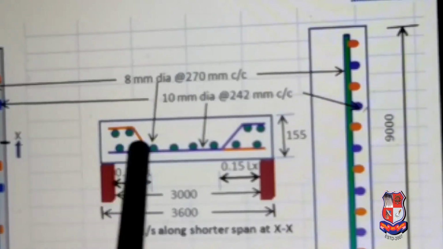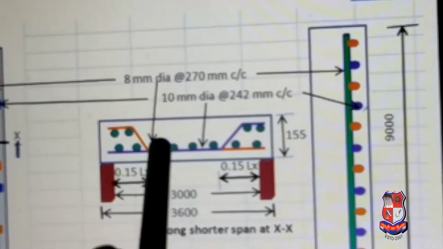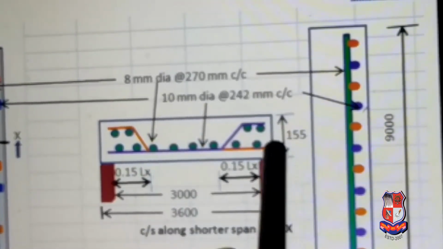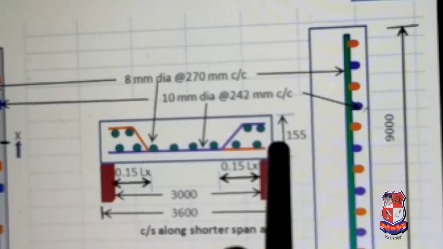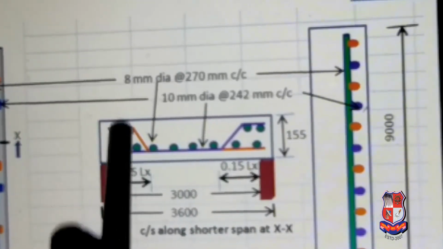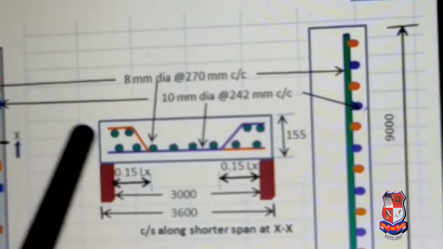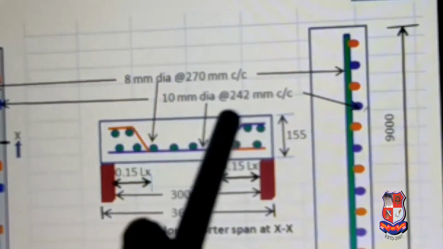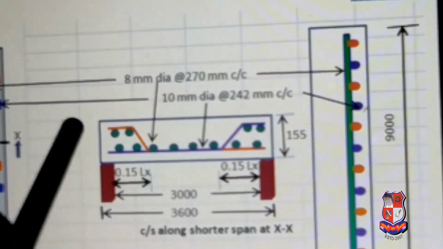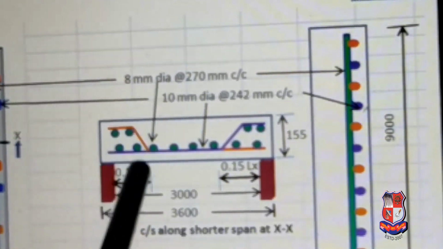One bar coming from the left comes up to this point and is bent up. 50% of the bars will be bent up, 50% will be going to the supports, and that is taken care of. The alternate bar is starting from the right side and bent up on the top of the left support, and the circles are the distribution steel. So the main bars are 10 mm diameter bars at 242 mm center to center, and the distribution bars are 8 mm diameter bars at 270 mm center to center.